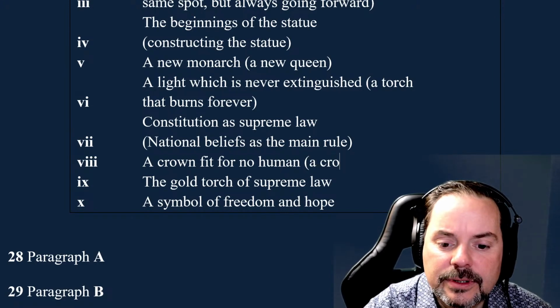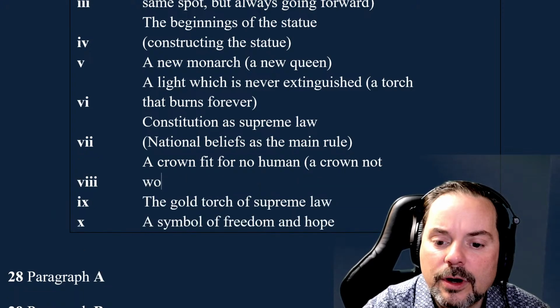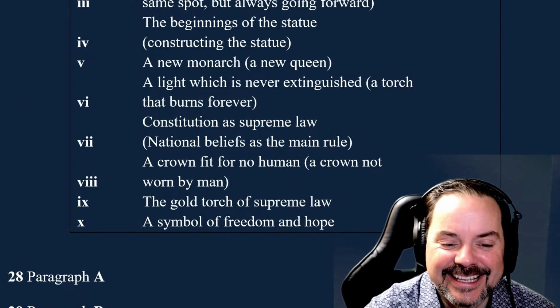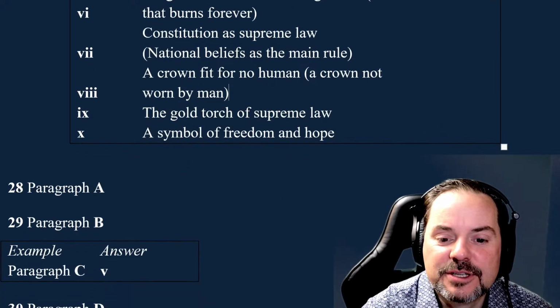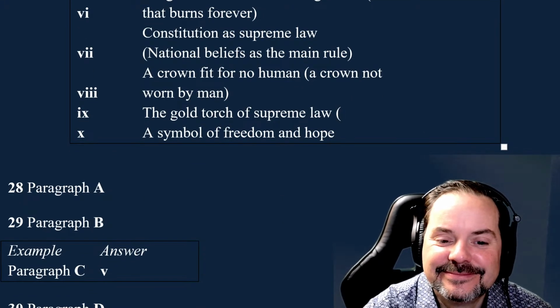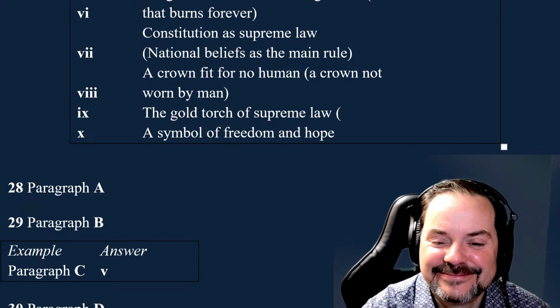A crown not worn by man. Unsuitable for any human being. Yeah, exactly. The gold torch of supreme law.